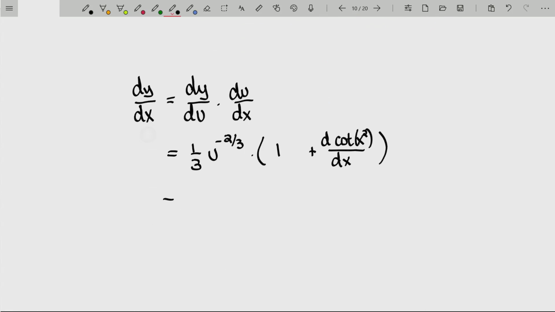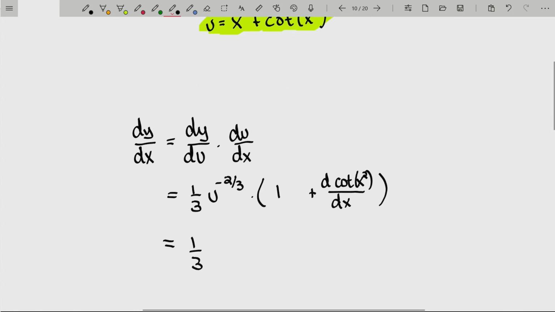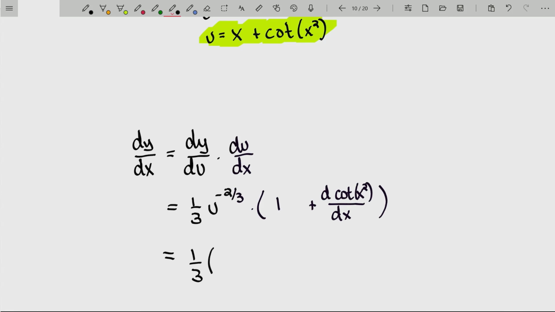I'm going to go ahead and clean this up. I'll call this 1/3 times u, which was equal to the quantity x plus cotangent of x squared, to the negative 2/3 power. And then we're multiplying that by 1 plus. Now I need the derivative of the cotangent of x squared.